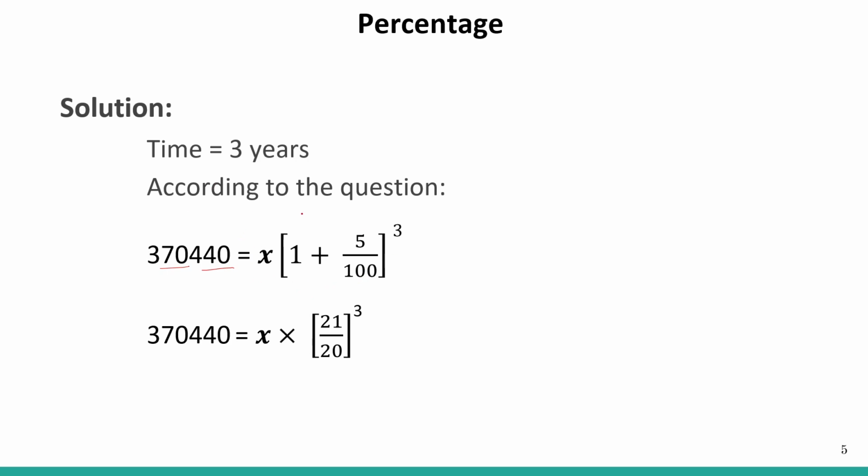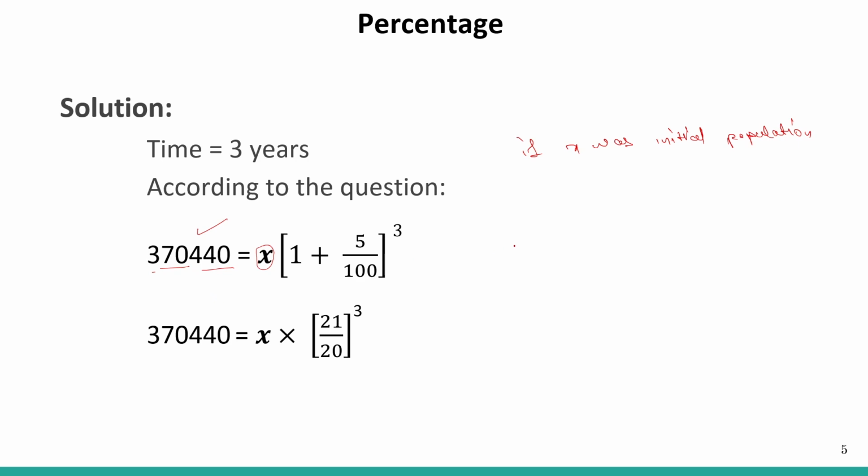The present population, if 3 years ago the population was X, the initial population, then X into (1 plus 5 by 100) whole power 3 will be 3,70,440.